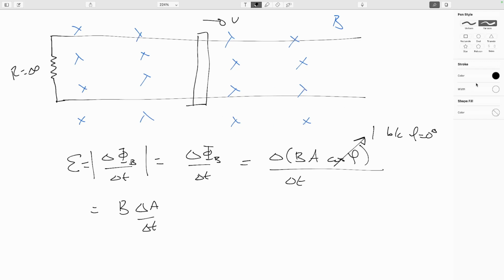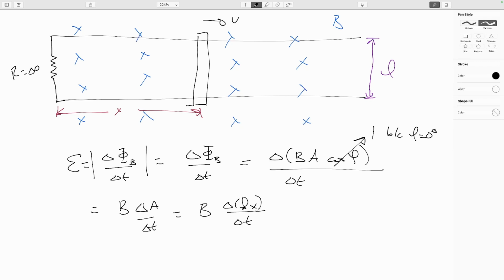But what is the area of the loop? Well, let's go ahead and give this some dimensions. We'll say that this is L to be consistent with the length of our airplane wing before. And we'll just say that this distance that we've gone downrange from our infinite ohm resistor is X. Okay. So this will be B times the change in the product of L and X with respect to time.